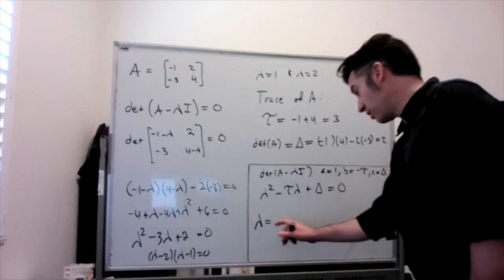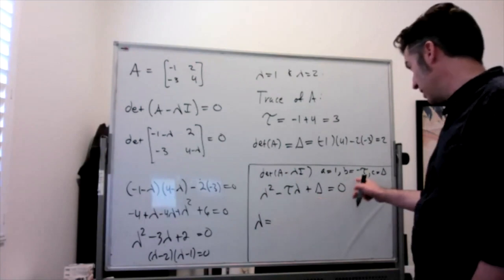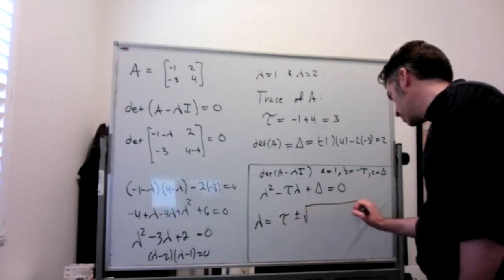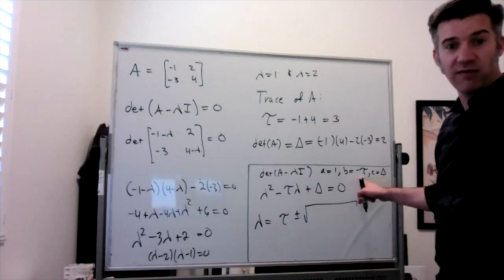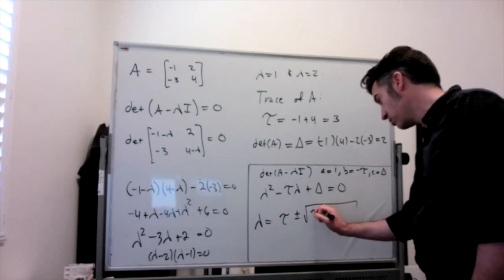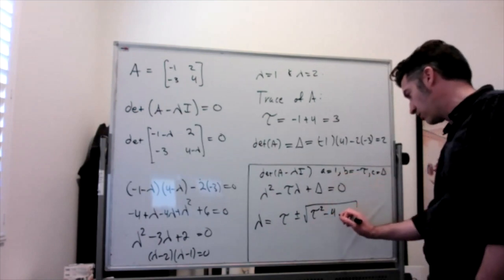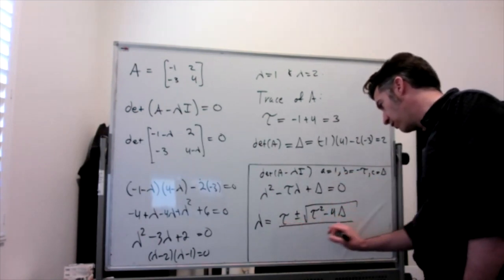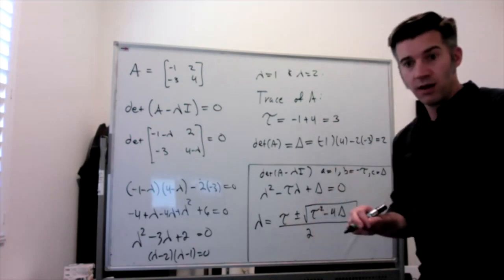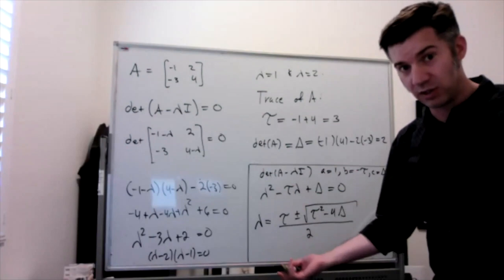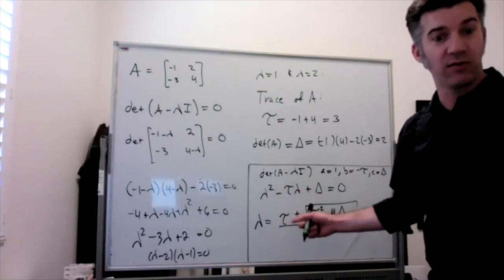So the eigenvalues are given by tau plus or minus the square root of tau squared minus 4 delta, all over 2. This may look more complicated at the moment, but I promise you, this is worth your time to remember.